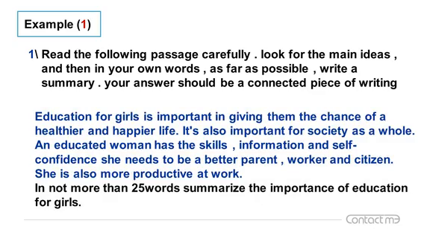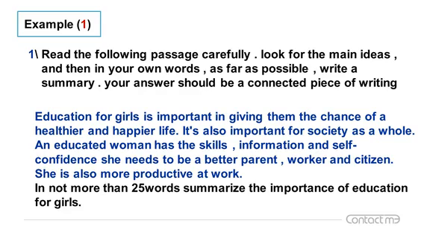First, we will read the passage. Education for girls is important in giving them the chance of a healthier and happier life. It's also important for society as a whole. An educated woman has the skills, information, and self-confidence she needs to be a better parent, worker, and citizen.